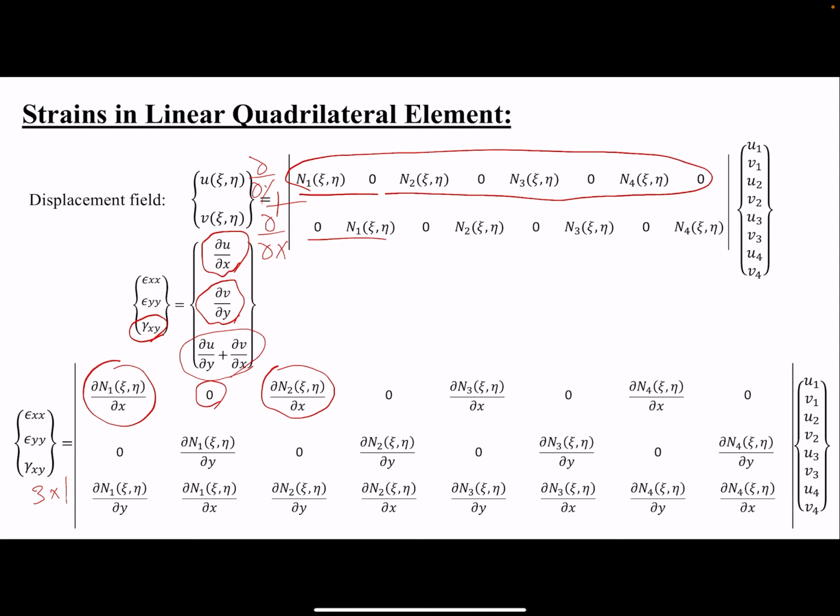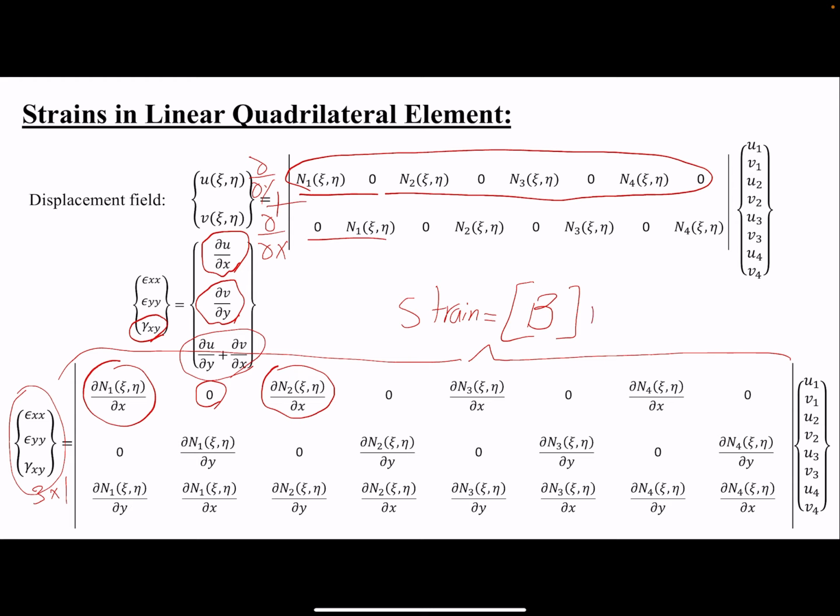So this matrix that I find is called the B matrix. That's a very important definition, the B matrix. So what is this B matrix? It is the coefficient of my displacement field that gives me my strain. So if I want to find strain, all I need to do is multiply my displacement field by the B matrix. It gives me strain.